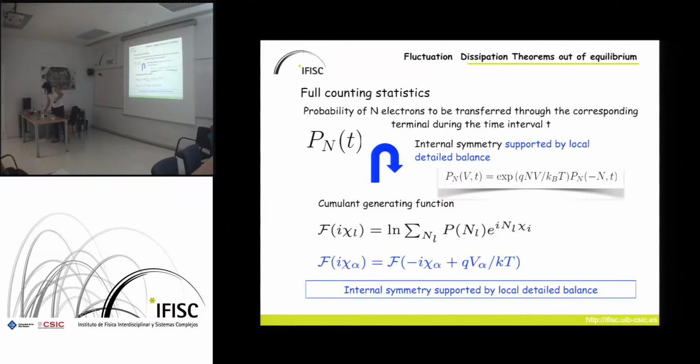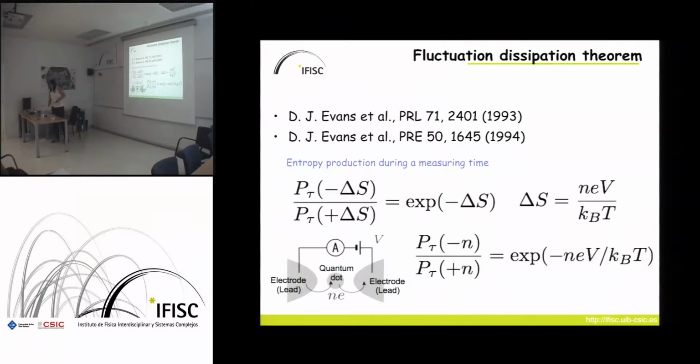So then, this symmetry can also be seen from the probability of transferring n charges at time t in terms of the entropy production probability in this way.